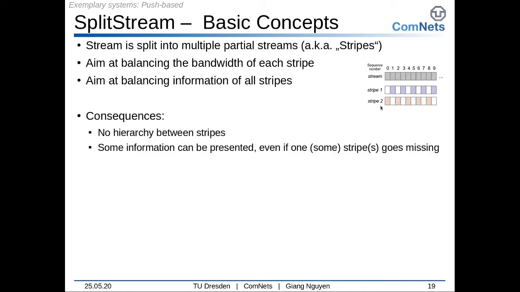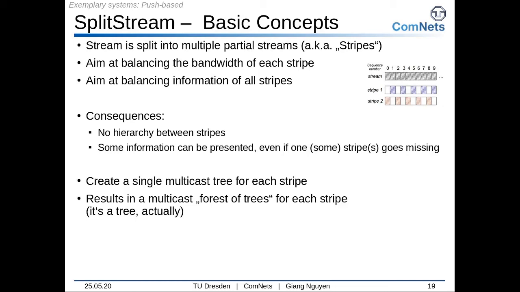The consequence of this is that if, for a certain reason, a particular peer doesn't receive video packets of one stripe, it still can have the packets from the other stripe in order to recover the video. And the result of the whole system is multiple trees, or a forest.